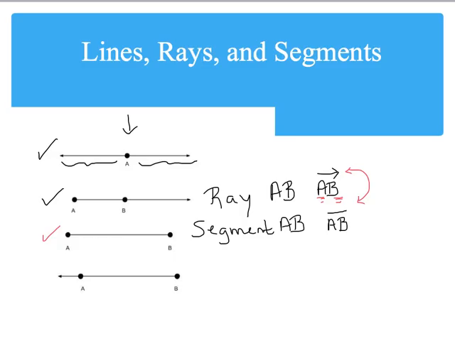And the last figure here that we see is also a ray. But this ray is different from the ray that we saw up above. So I'm going to call this ray BA because the end point is B and another point on that ray is A. So the direction that we go in is important for a ray.